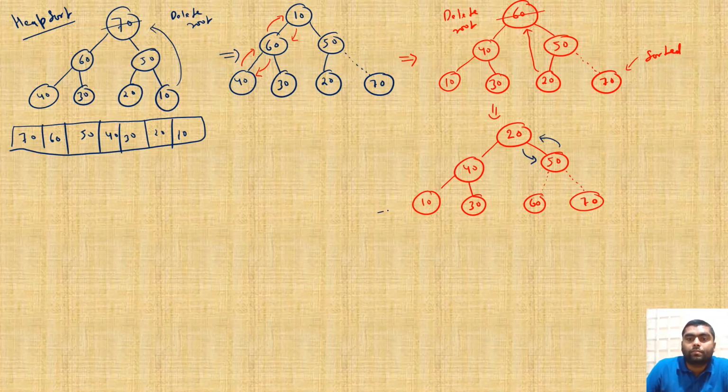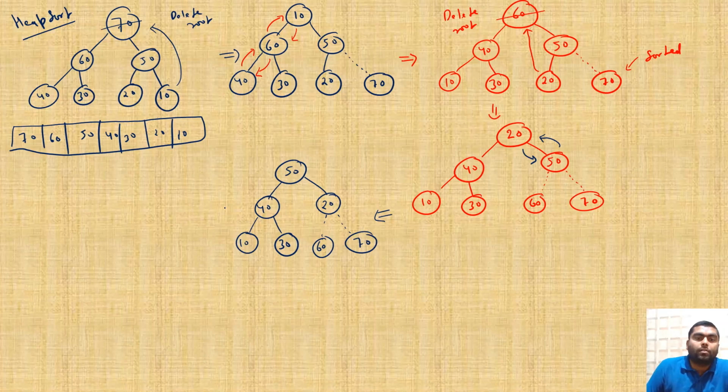So the resultant after this is 50 at the root, and left is same 40, 10 and 30, and right side is 20, and these are the sorted values, that is 60 and 70. Now next is what?